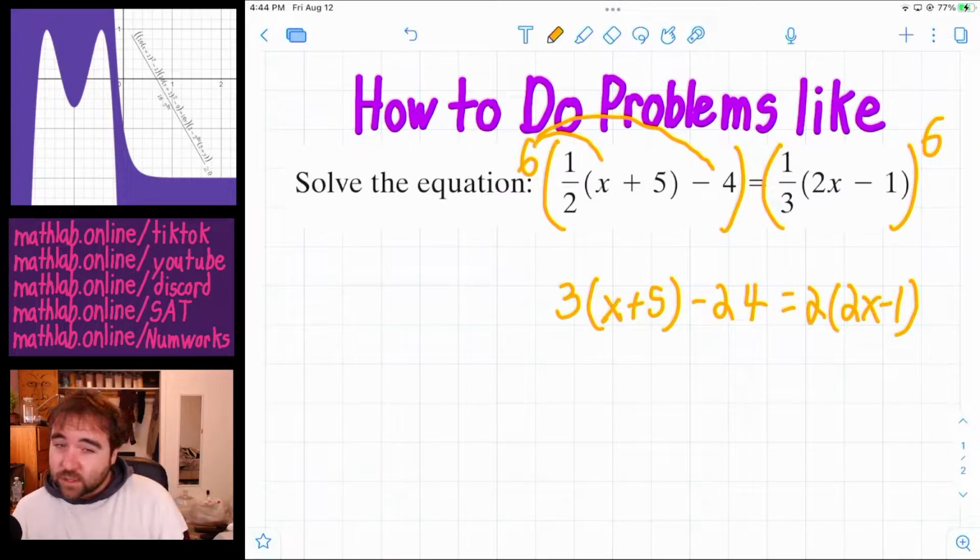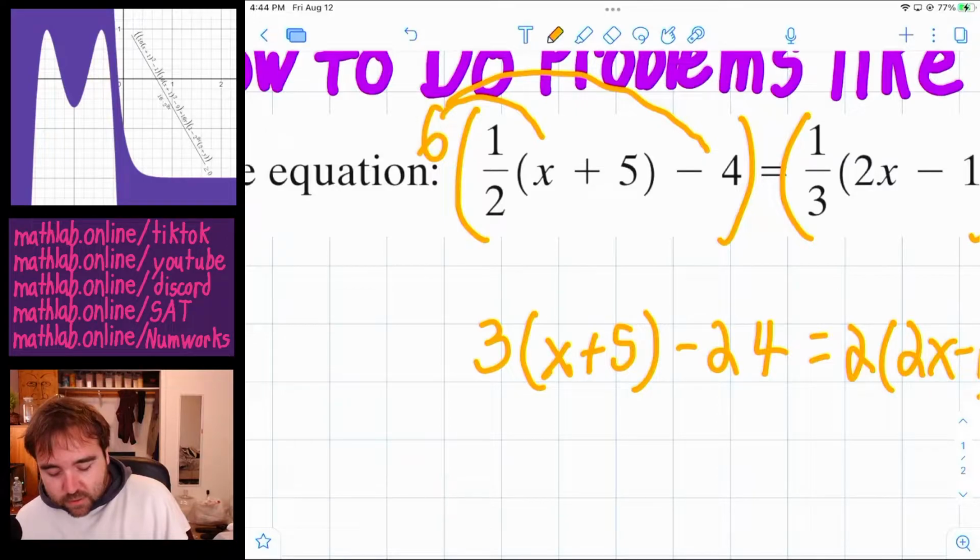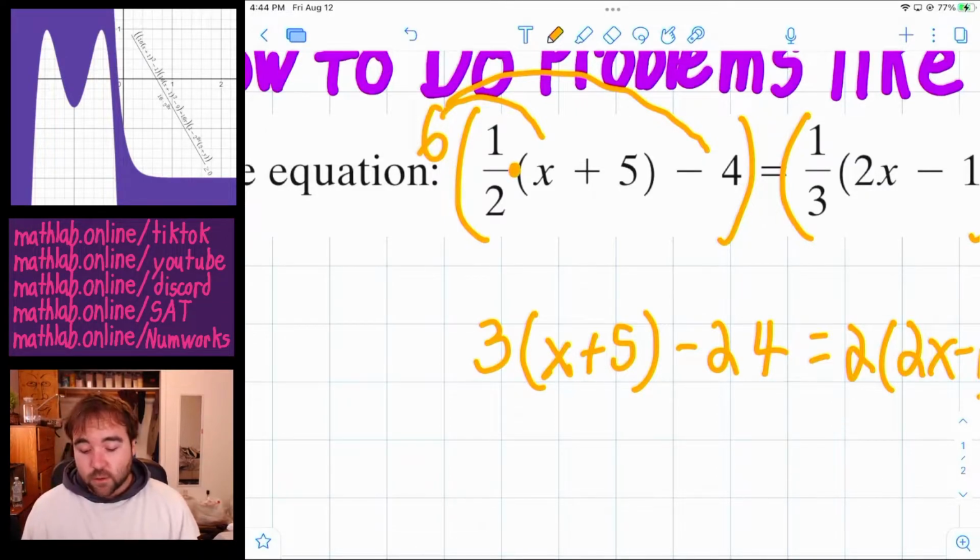Now notice that when we multiplied everything by 6, we multiplied the 4 by 6 and the first thing by 6. But when we multiplied the first thing by 6, we didn't multiply the 1/2 and the x plus 5. We just multiplied the 1/2. And that's how that works, because these two things are multiplied by each other. So when they're multiplied by each other, you just have to do one of them, because you're just multiplying by another 6. So you're just multiplying by something else.